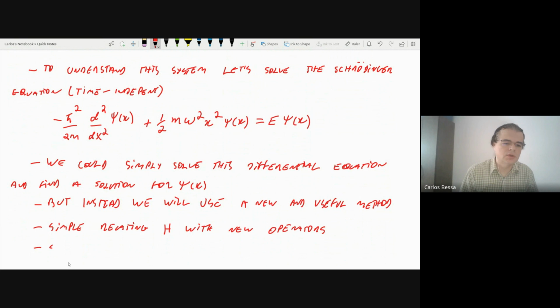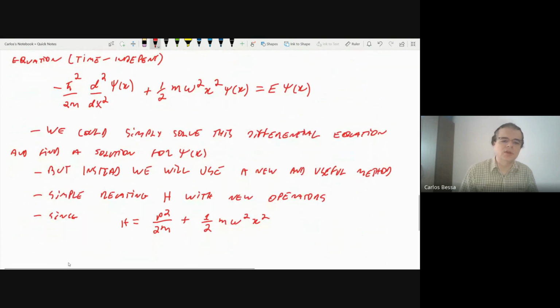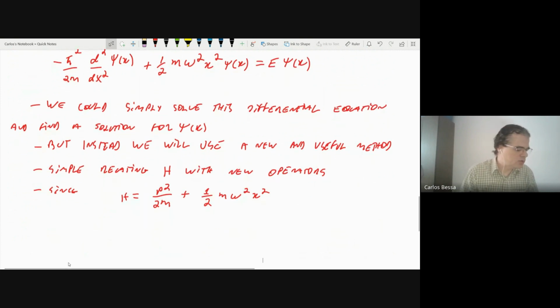Since H is just this, I'll define new operators, and we will learn today the meaning of them. Remember, H is an operator, and P here is an operator, and X is an operator: the momentum operator and the position operator.